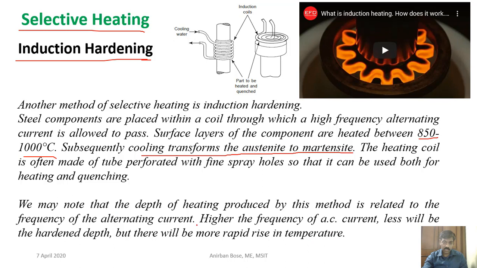The most important thing to remember is the high frequency AC current, which is the source. If the frequency is very high, then the depth of hardness will be low. So the hardened depth will be less if the frequency is very high, and the reverse occurs if the frequency is low.